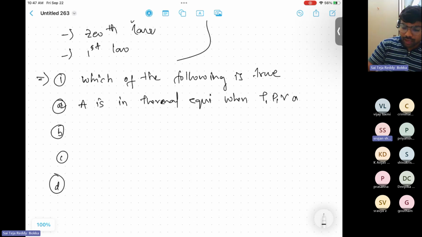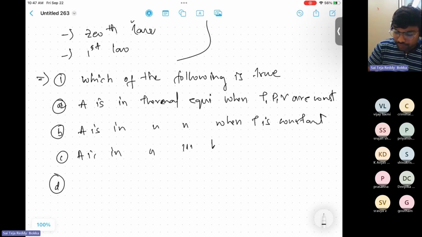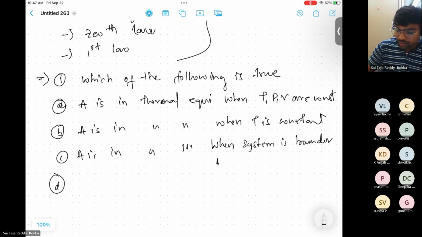T, P, V are constant. A is in thermal equilibrium when T is constant. A is in thermal equilibrium when the system is bounded with ambient surroundings.